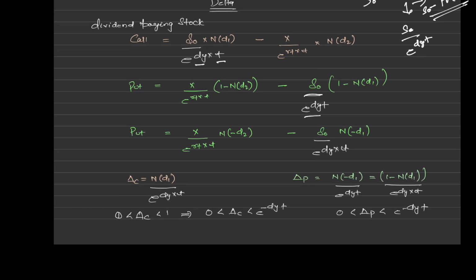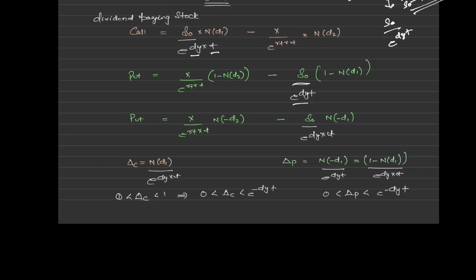So in this case, when you calculate the delta, it will not come to N(d1) or 1 minus N(d1). It will have another component, that is N(d1) upon e to the power dividend yield into T. Because of the dividend yield, the delta of call changes from N(d1) to N(d1) upon e to the power dividend yield into time.